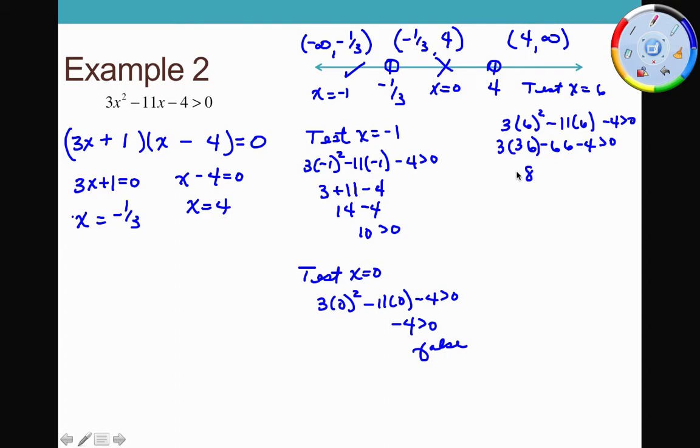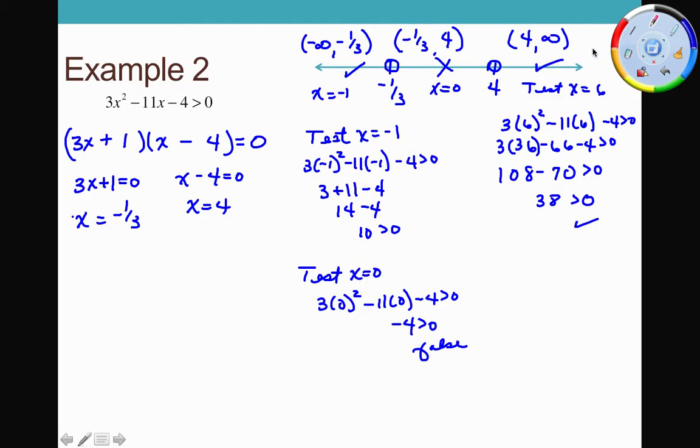Wow, that's going to be 108. Minus 66 minus 4 is going to be minus 70. And then when we subtract that, that should give me a 38. Yep. And that is greater than 0. It is true. So this interval works.